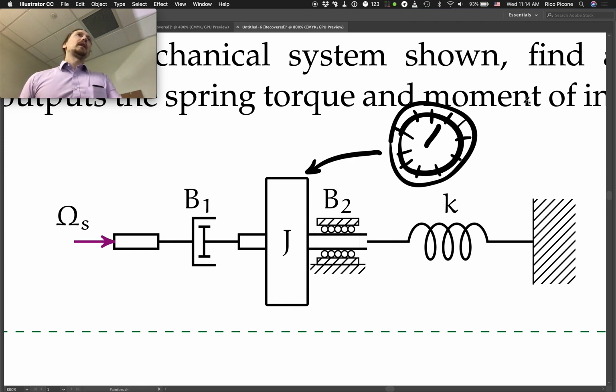So it's essentially a type of speedometer. The faster you're going, the more this needle will turn, right? The more the flywheel will turn. So it's sort of an old school, purely mechanical way to measure the velocity of a shaft.